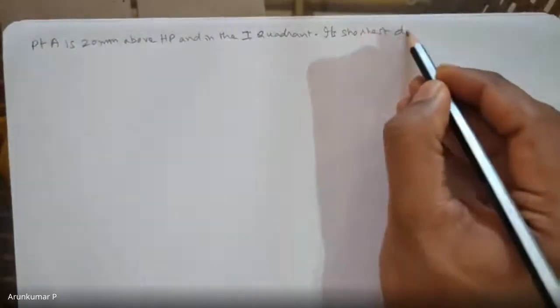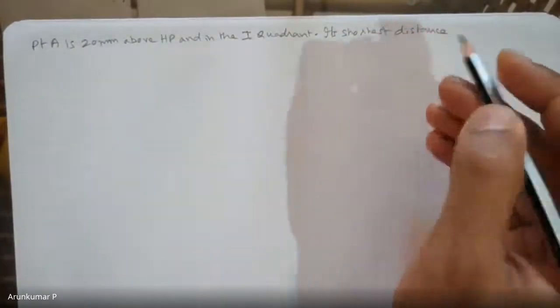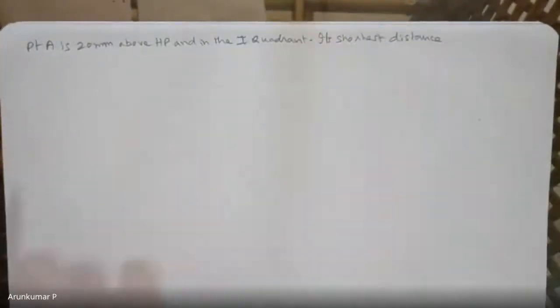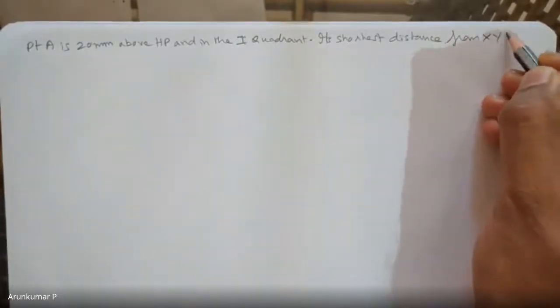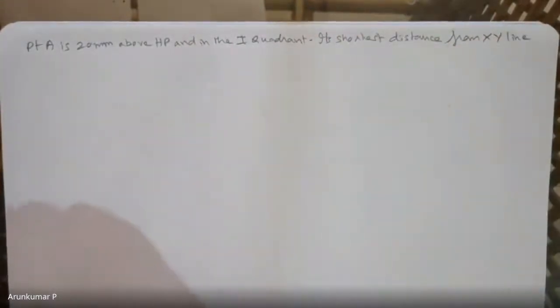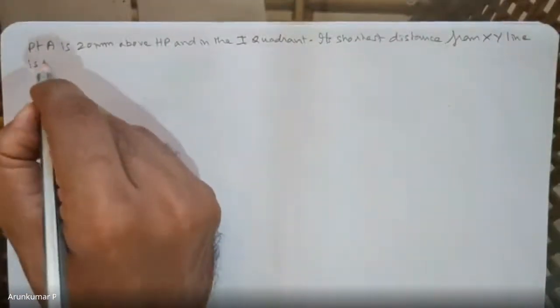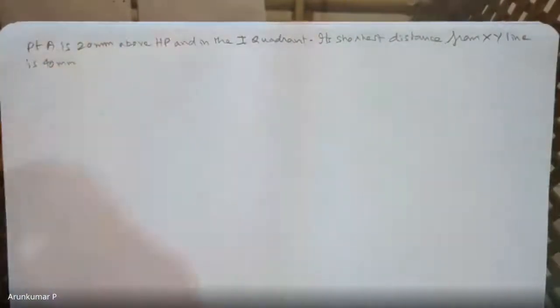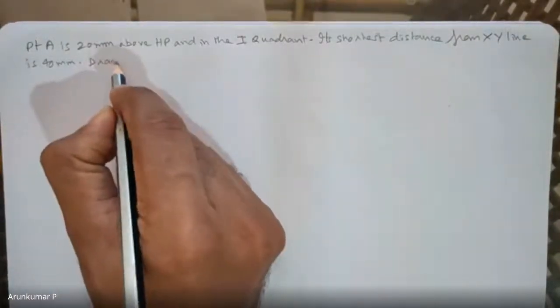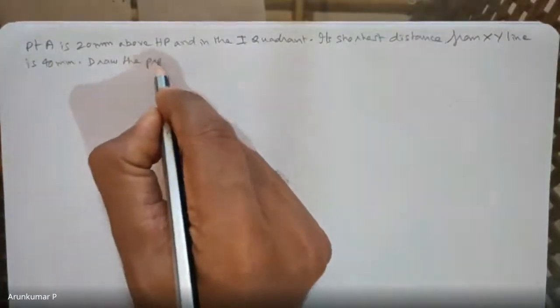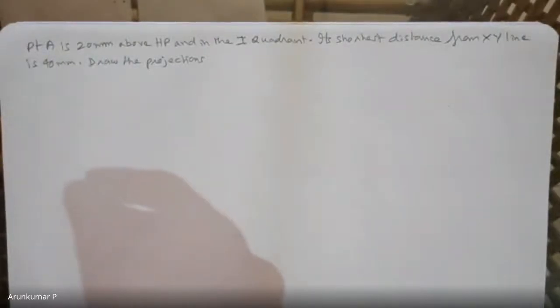Its shortest distance from the XY line is 40 mm. Draw the projections and determine its distance from VP.